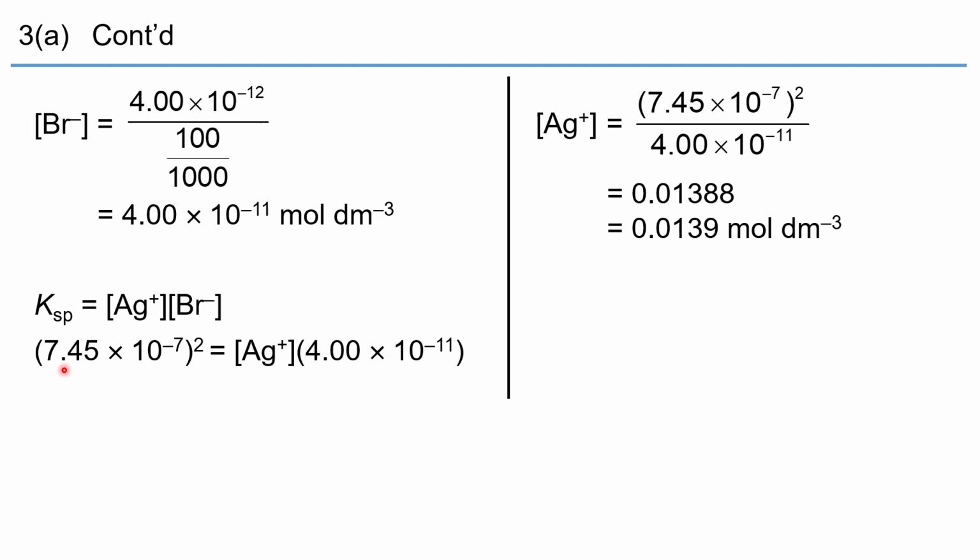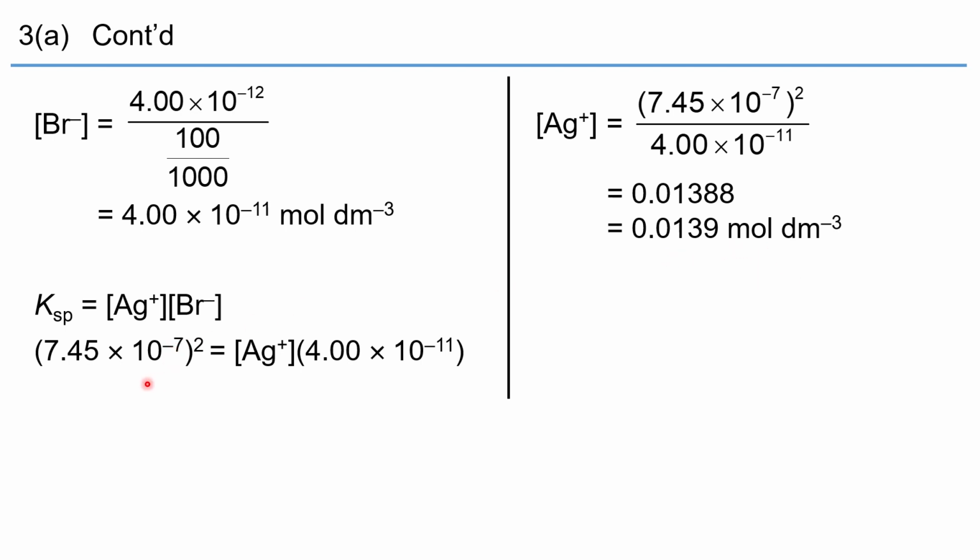This value has been given to you to be 7.45 times 10 to the minus 7, and you will square it. It will equal Ag+ multiplied by the concentration of your bromide ions. Do your manipulation carefully, and you will find the silver ion concentration is 0.0139 mol per dm³.